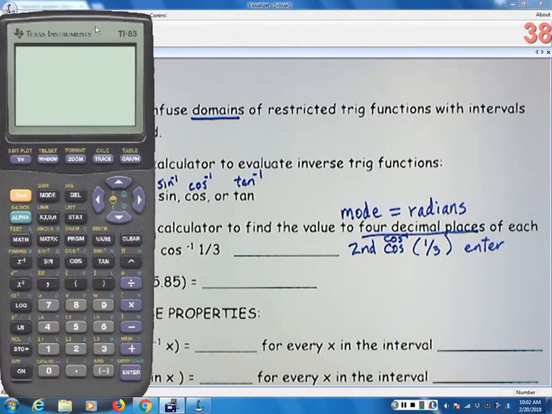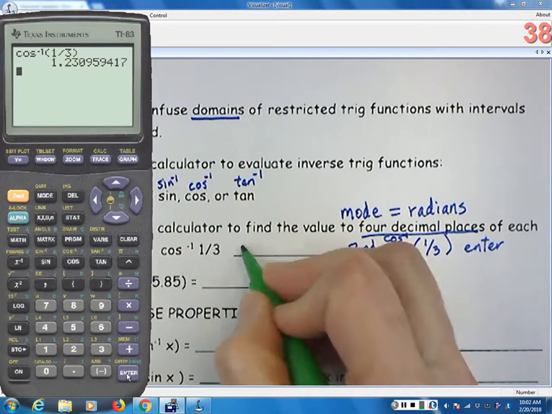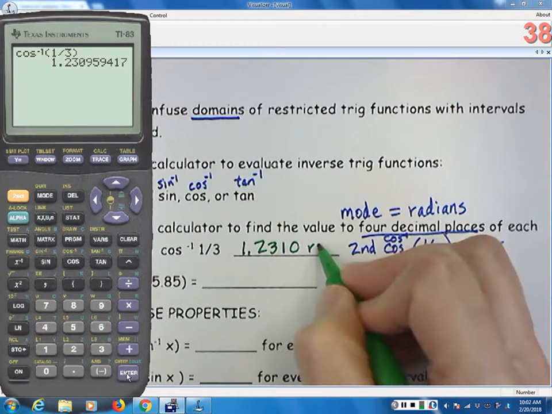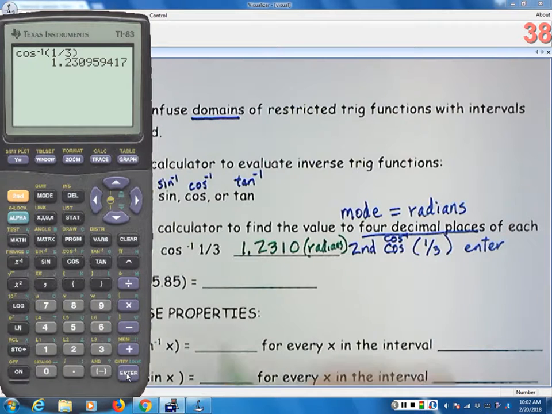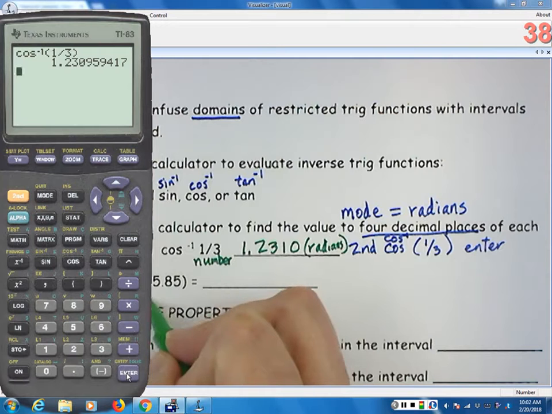Then second inverse cosine of 1 divided by 3. And they want 4 decimal places. So that's 1.231, and that's in radian. It's an angle. This is a number. This looks like an angle, but it's a number.